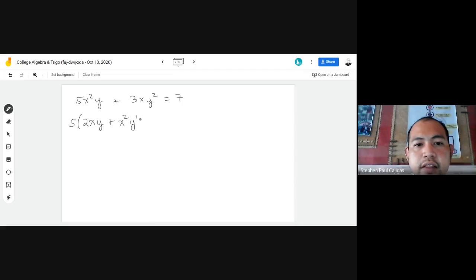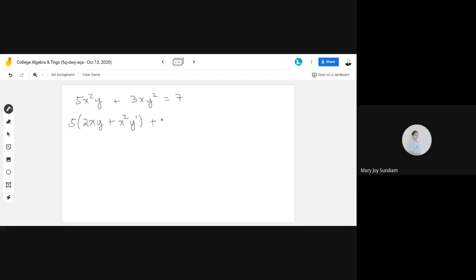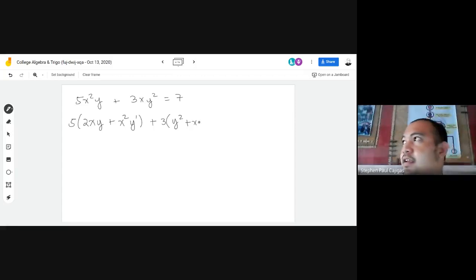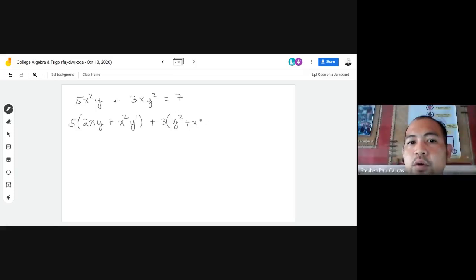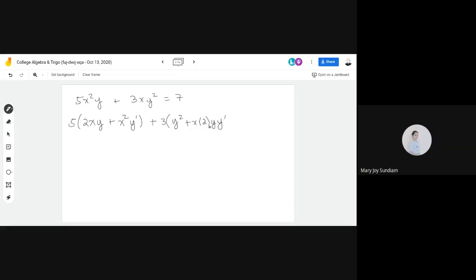Okay, good. Then plus close parenthesis, then plus 3 open parenthesis y squared plus x times... instead of 3, we should have 2, then y prime.